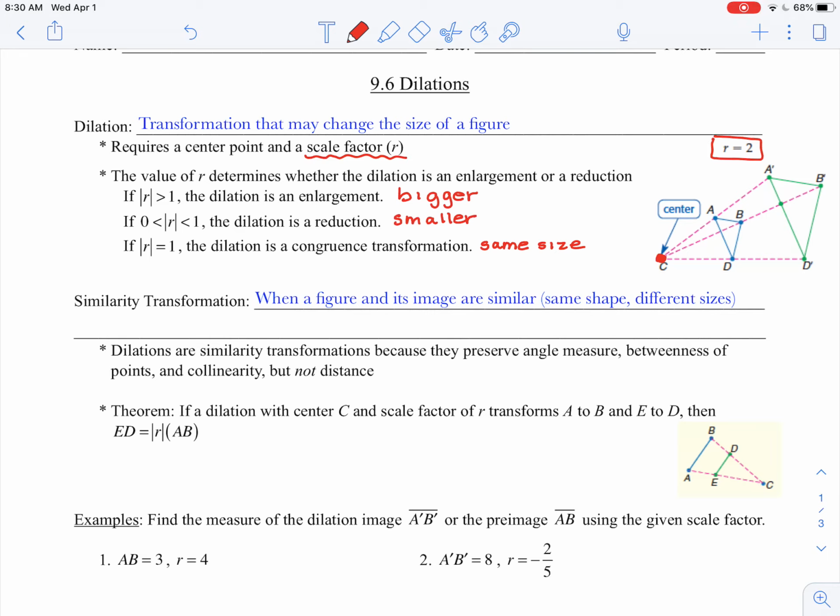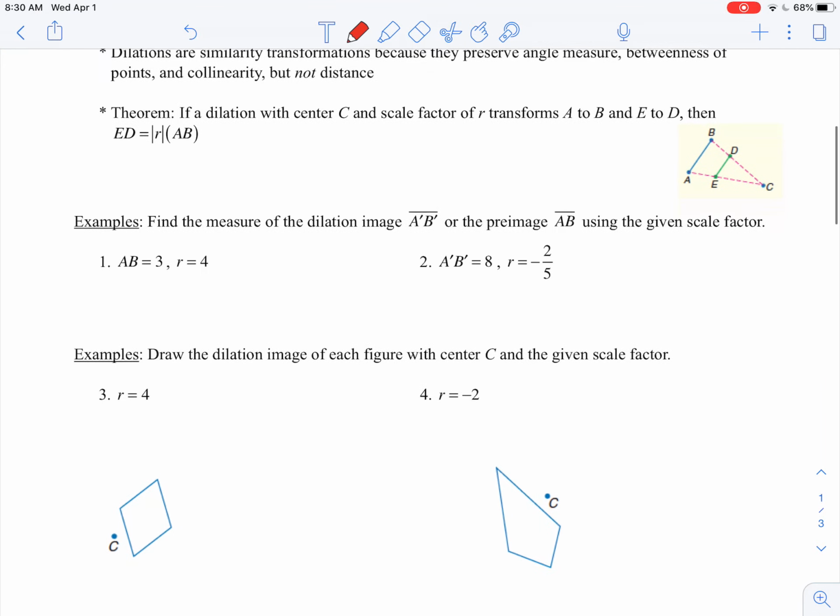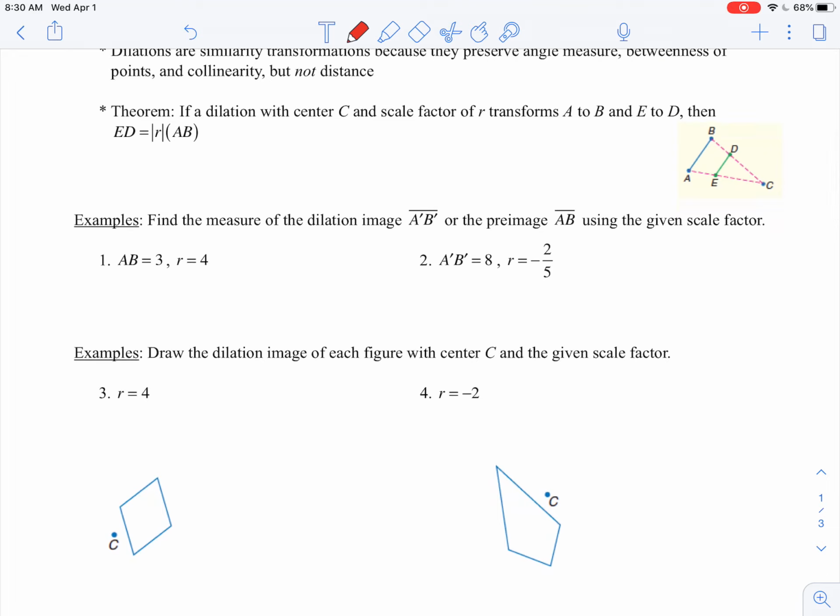When we perform a dilation around a certain point, given our scale factor R, in order to figure out the size of our new shape, we're going to take each length from the pre-image and multiply it by the absolute value of our scale factor. So in this example, AB is the pre-image and DE is the image.